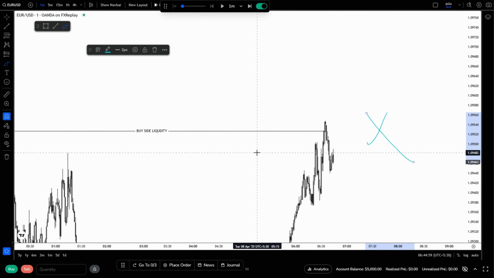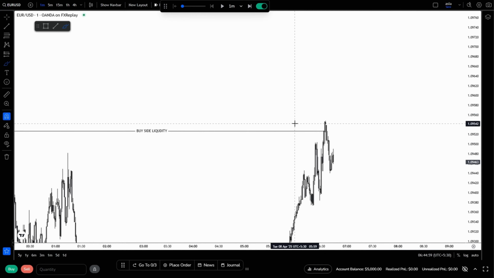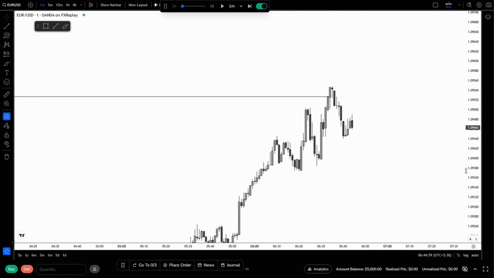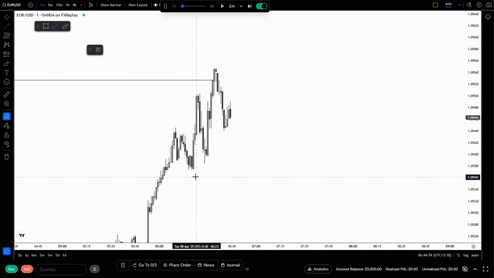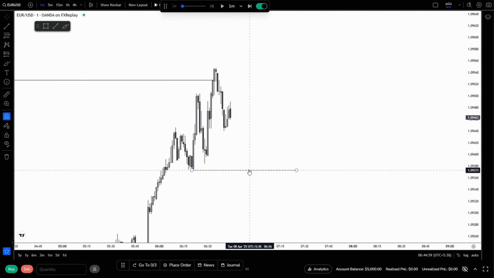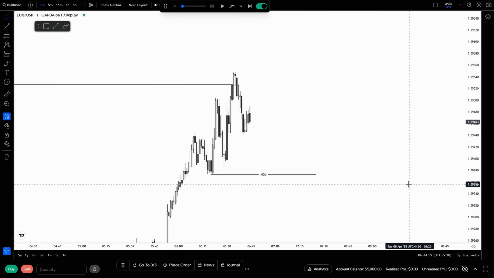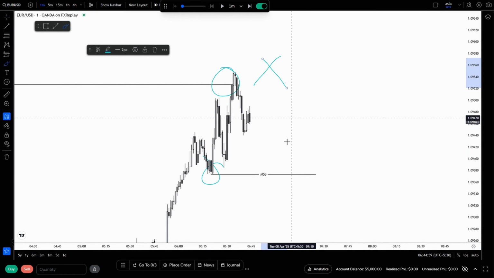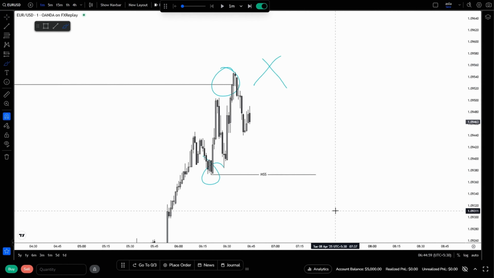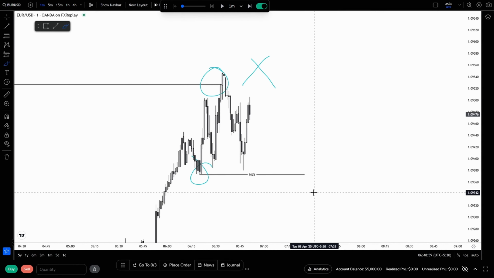Now let us move to the lower time frame and see if there is any structure that supports a short trade. Here we can identify the last swing low that price would need to displace in order to confirm bearish continuation. This is the key level we should be watching, not the liquidity sweep itself. As price moves toward that low, you can see how it reacts. Price strongly rejects from this level.